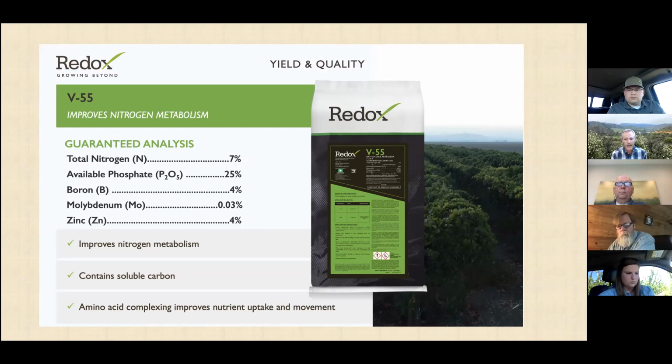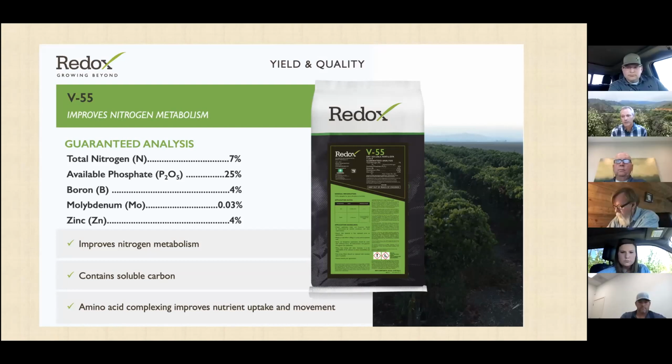V55 is a reacted phosphorus product, 25%. It's derived from phosphoric acid. It also contains boron, molybdenum, and zinc. All of these elements are essential to efficient nitrogen metabolism. V55 also contains soluble carbon, amino acids, which improve nutrient uptake and plant performance.